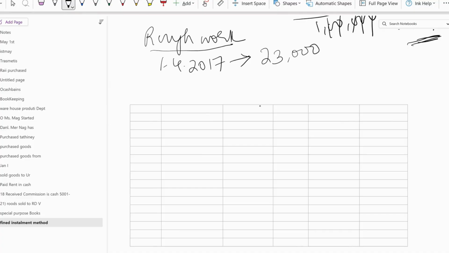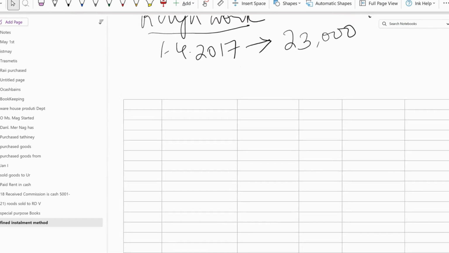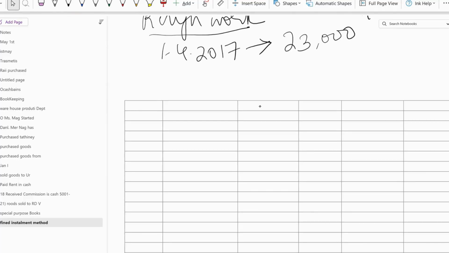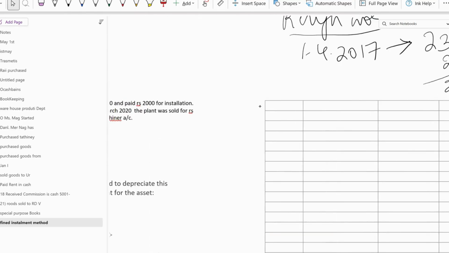Now, once they brought this machinery into the factory, you will have some installation charges, like for AC and all. Same thing for this machinery also. They have an installation charges of 2,000. So, what is the total cost of the machinery now? 25,000. So, 25,000 is the total cost of the machinery.